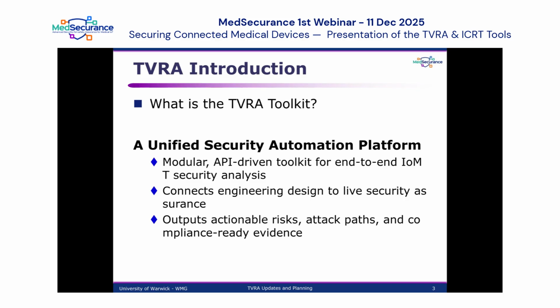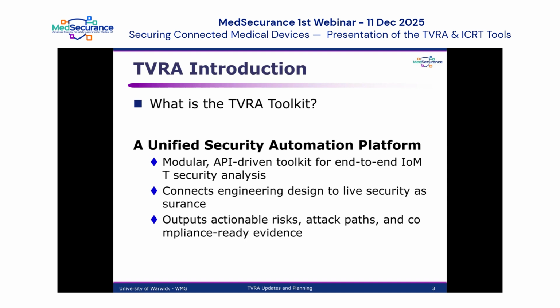As an output, it gives actionable risks for users, and attack patterns to visualize how attacks move within the IoMT network, and it also gives compliance-ready evidence so that users, or you can say manufacturers, can have information about the evidence. The TVRA is compliant with ISO 27001 and other standards.